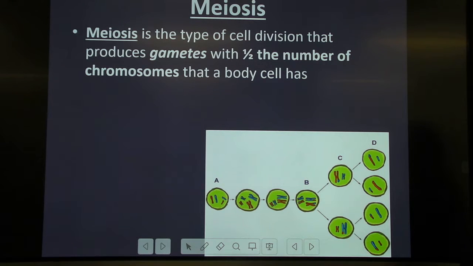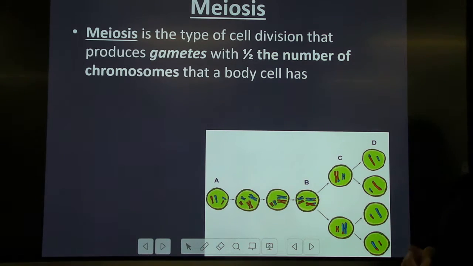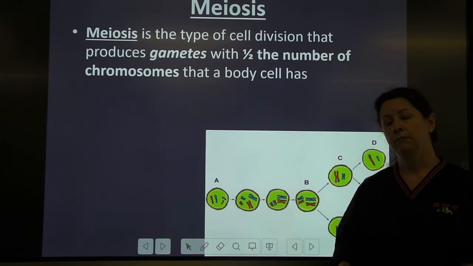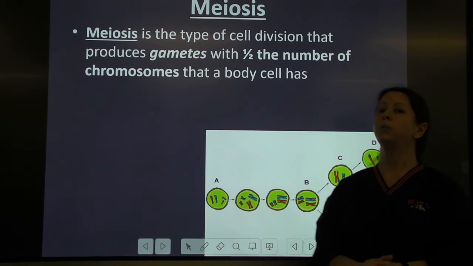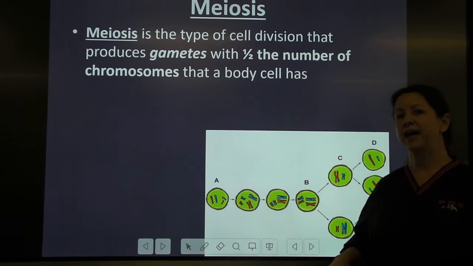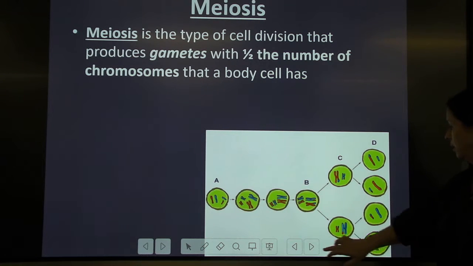So this is the type of cell division that produces gametes. And those gametes have half the number of chromosomes as a body cell. So as a human, we have 46 chromosomes, so our gametes will only have 23, half the number. All right?